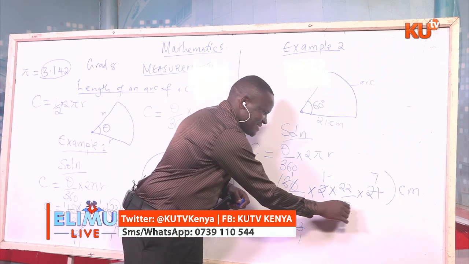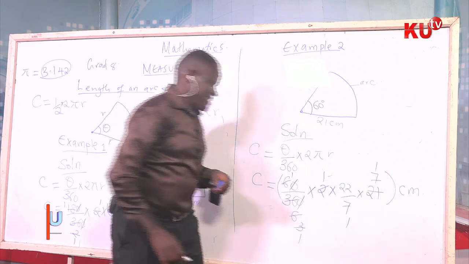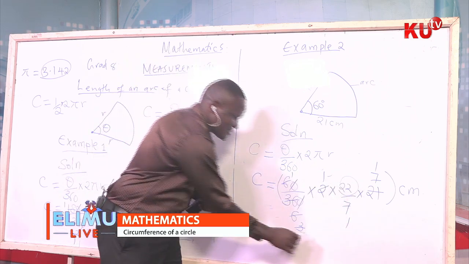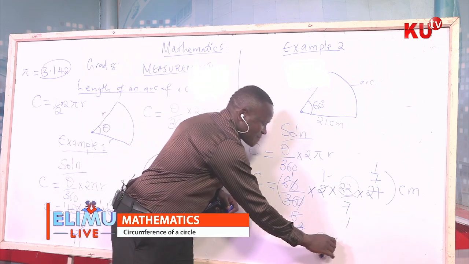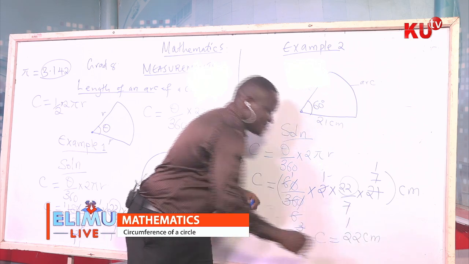Then finally 7 into 7 once, into 7 once. We are left with 22. So circumference therefore will be equal to 22 centimeters.